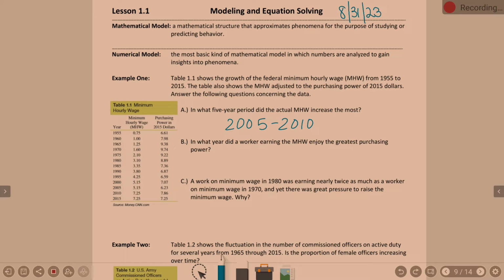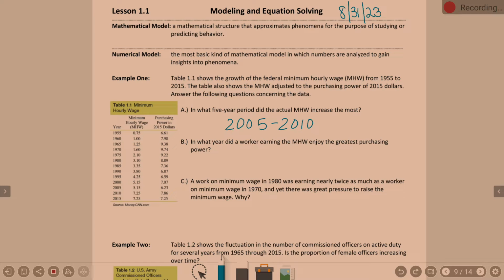I think I disagree with 65. 1970? Yeah. Oh, yeah. Or so you're looking diagonal instead of straight across? Okay. I thought they said 1975 for a second. Yeah. 1970, the purchasing power in 2015 dollars was 9.74.